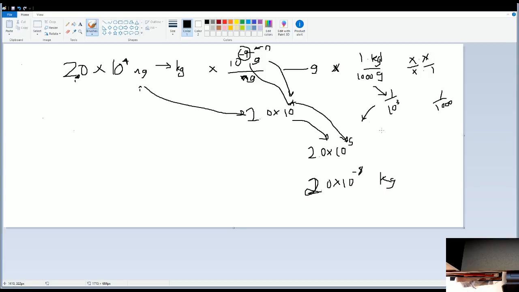Then from this -5, you take away another 3, because it's 1/10 to the 3. It's dividing. So because it's dividing, you just take it off instead of adding.